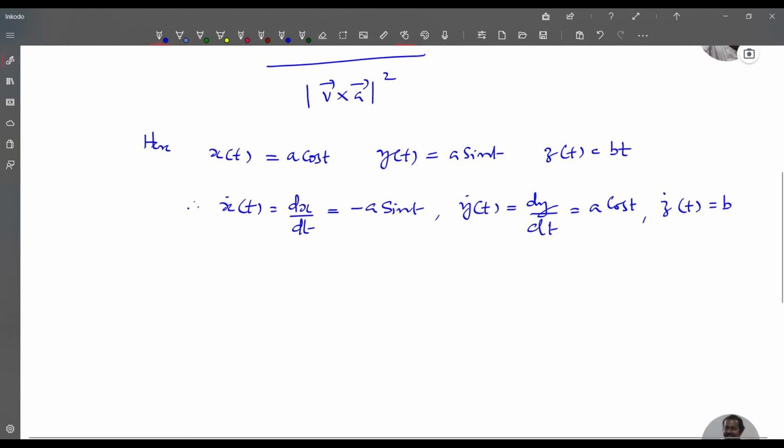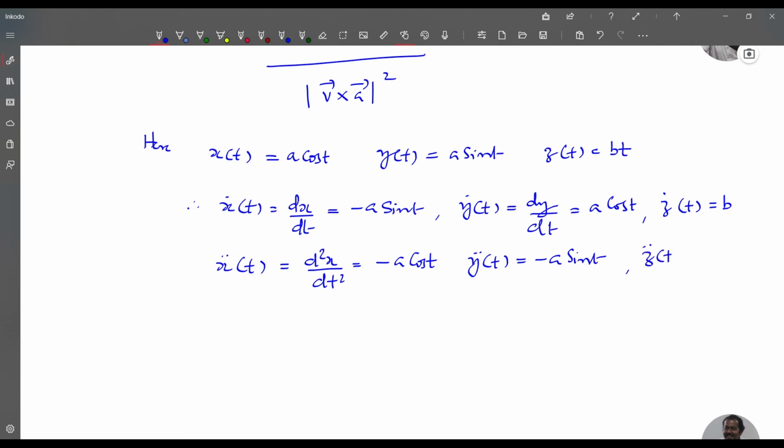And x double dot of t is d square x by dt square. So this is minus a cos t, y double dot of t is minus a sin t, and z double dot of t is 0.